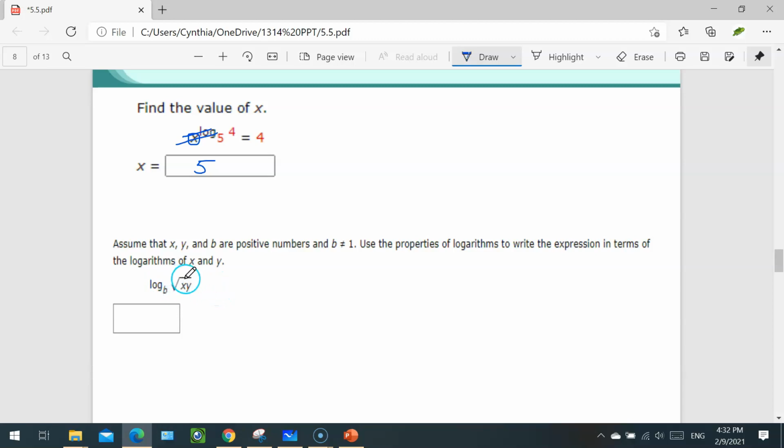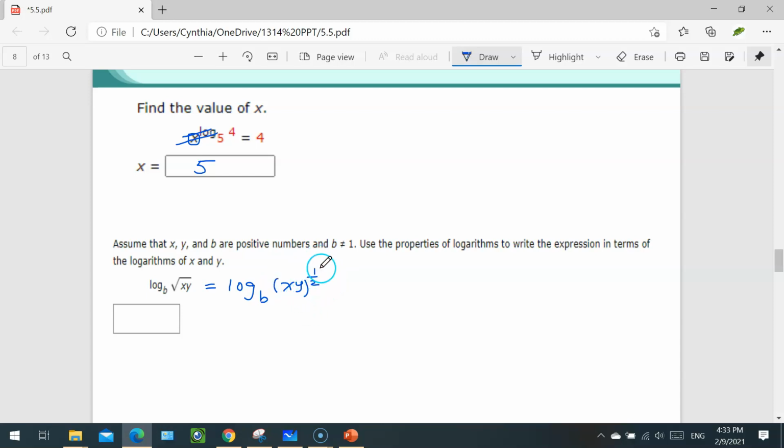The first thing I can see here is a square root sign. So I'm going to rewrite the square root sign into the power form. I copy down log base b of xy, and it turns to the power half, because the square root sign has the same meaning as the power half.